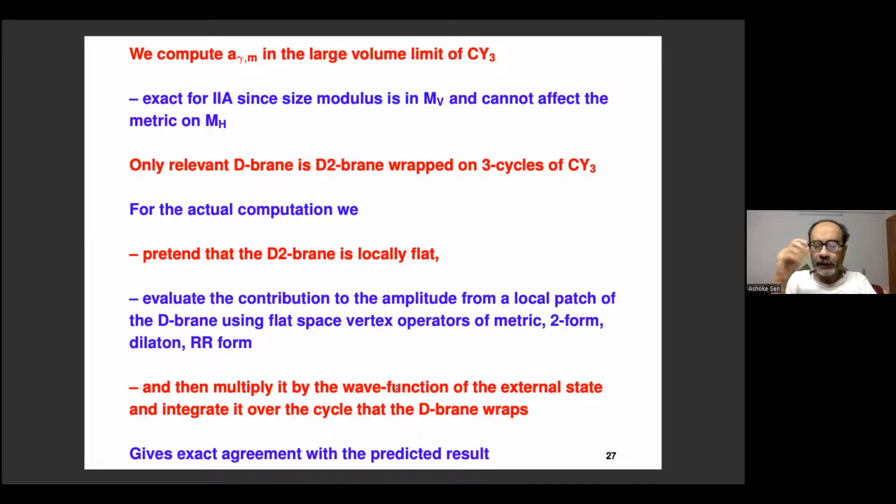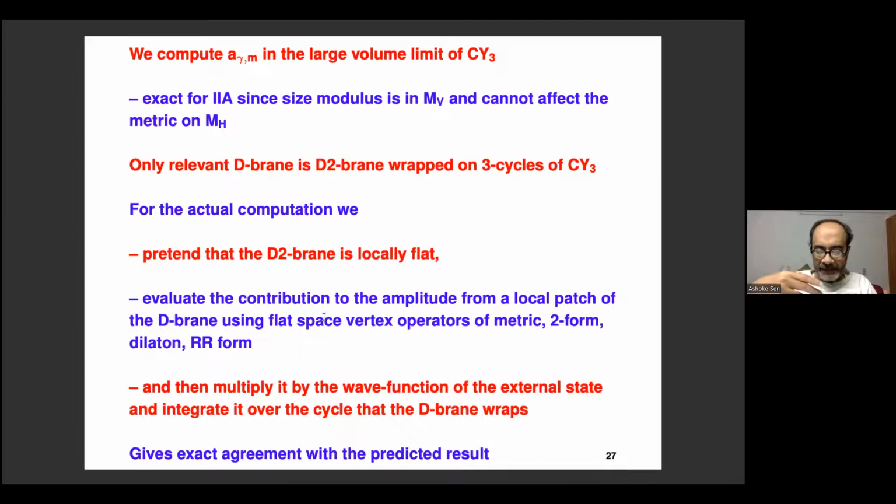We know that the complex structure deformation induces a certain deformation of the metric. That has to be multiplied with the corresponding amplitude, the metric amplitude on the D-brane, and that provides the integrand on a local patch of the D-brane, which you then have to integrate over the whole volume of the D-brane.